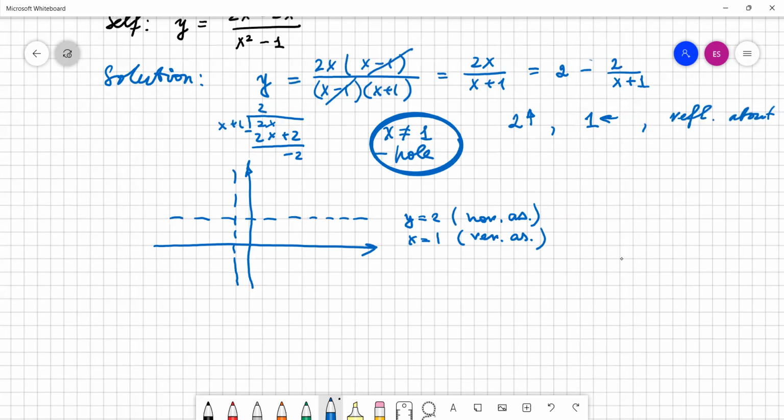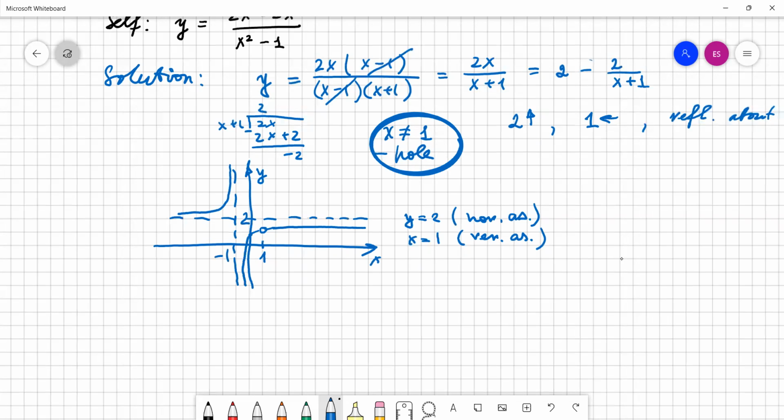And my graph is going to be reflected from the normal graph, which goes in the first and third quadrants, and this one is going to be something like this, right? And x equals 1 is going to make a hole. x equals 1 is over here, and I'm going to put a hole here. That's how my graph is going to look. That's y over here, that's x over here, that's 2, that's minus 1.